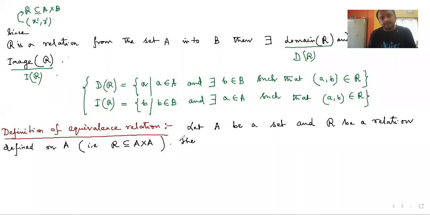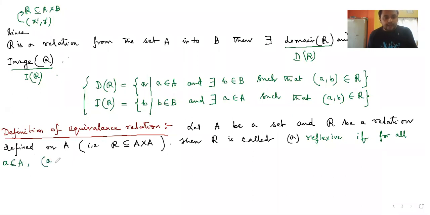Then R is called, number one, reflexive, if for all a belonging to capital A, (a, a) belongs to R.